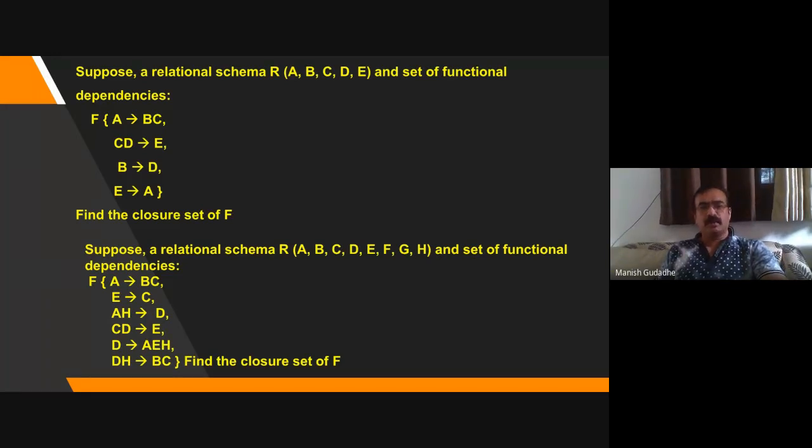But if you are not able to, at the max by 3 p.m. today you'll have to submit that assignment. In tomorrow's lecture, we'll see what attribute closure means, and we will start the first form of normalization. Thank you from my side. If you have any doubts, you can stay back and ask.